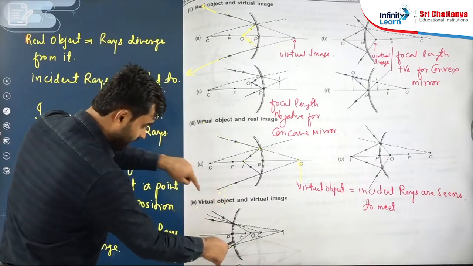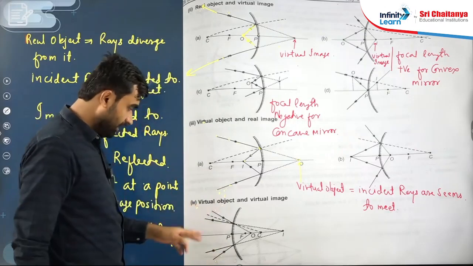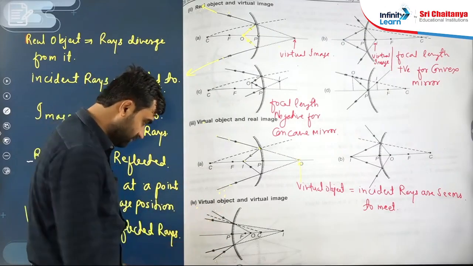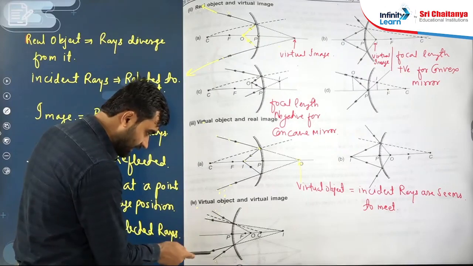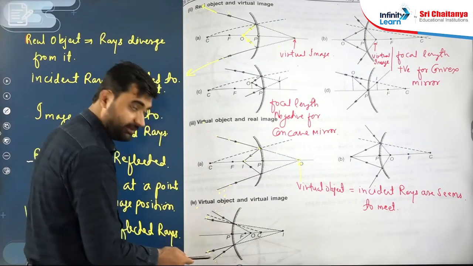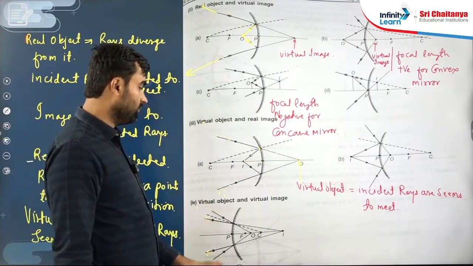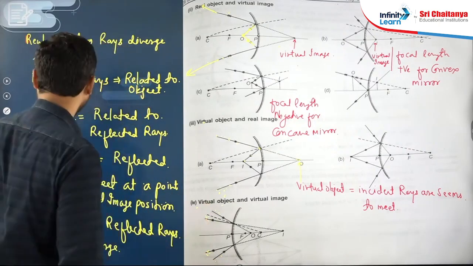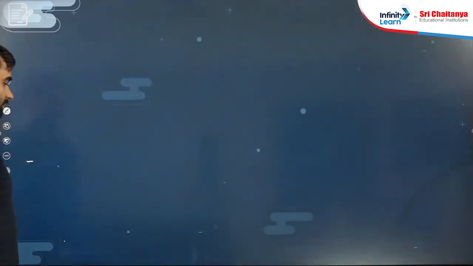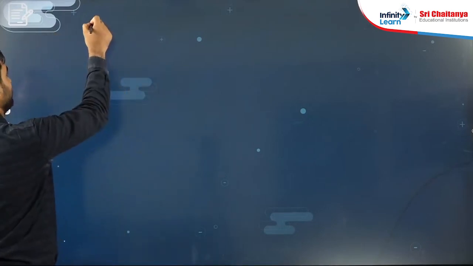If we extend them back, are they intersecting? No, which means it is a virtual object. They are reflected like this. This is the reflected ray. Are they intersecting? They are not intersecting. So which image will they form? Virtual. So virtual object, virtual image. So we discussed all cases. Now we will understand the mirror formula, mirror equation.